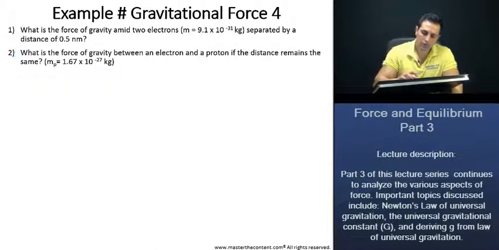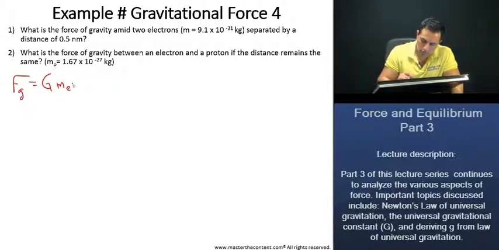Let's begin here just with the equation that we've been using thus far, and we are looking for the force of gravity amid 2 electrons. So here is electron 1, here is electron 2, and the distance between them, which is just going to be r squared.